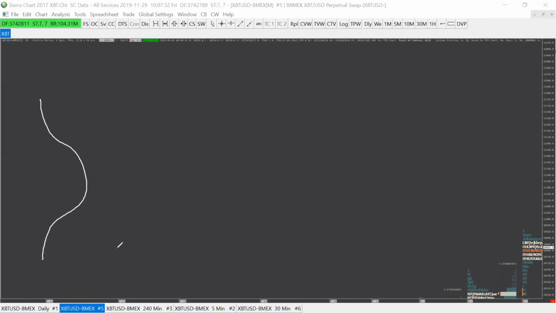You've got the P-shaped profile or B-shaped profile, sometimes referred to as short covering or long covering rallies, which I'll talk a bit more about later, in which the bulk of the volume is traded at one extreme or the other.